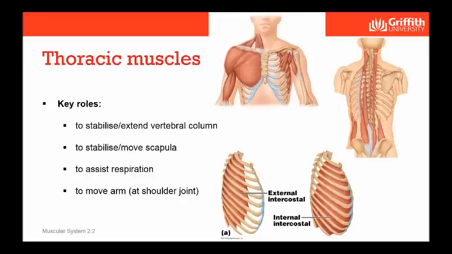Now we move on to look at the muscles located in the thoracic region. These muscles have several key roles. They can stabilize and extend the vertebral column. They can stabilize or move the scapula. They can assist with respiration. And they can move the arm at the shoulder joint. Respiration will be covered in Anatomy and Physiology Systems 2.